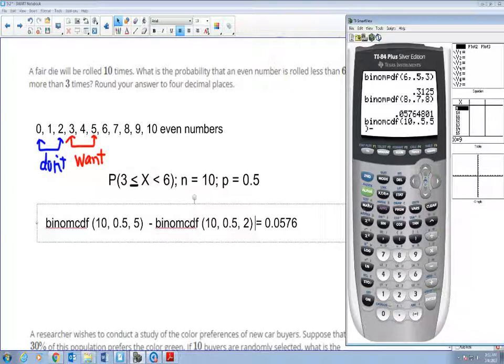Then subtract, second, binomial CDF 10, 0.5, all the way up to 2. Yep, 0.5686.